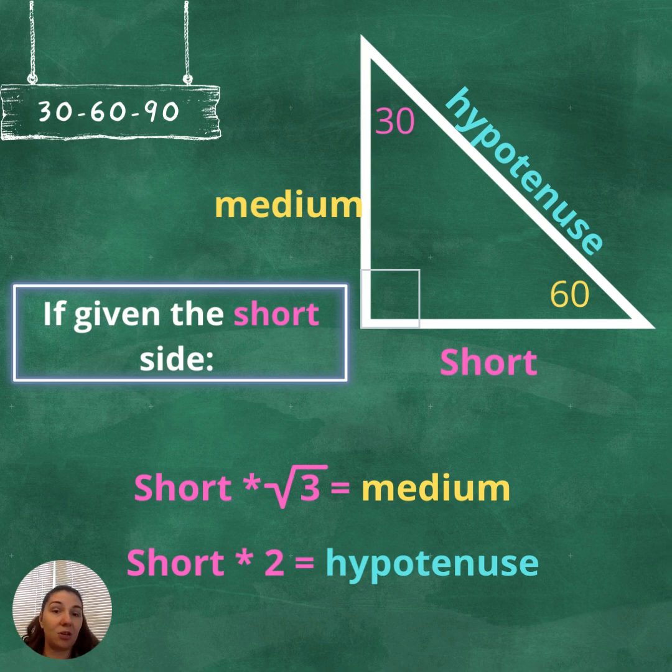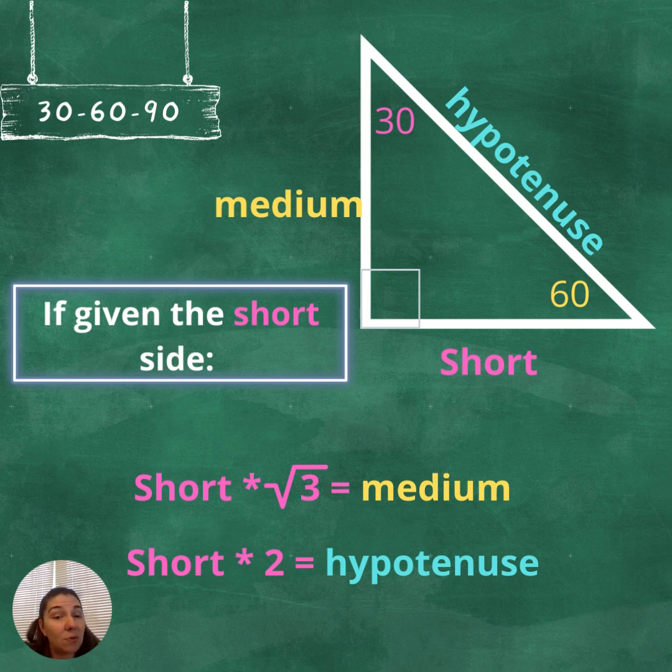If you're given the short side and you want to find the medium side, you simply multiply by radical 3. Like I said in last week's video, if the number you're multiplying with radical 3 is a non-radical value, say the short side was 5, then the medium length would be 5 radical 3, because you can't simplify any further when you're multiplying a non-radical value and a radical value.